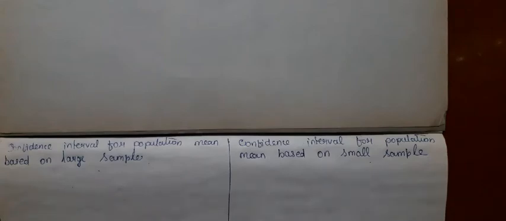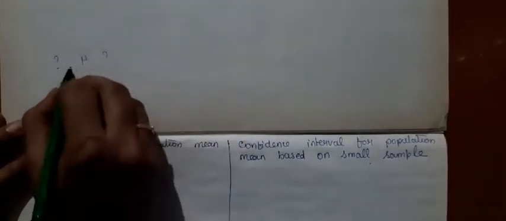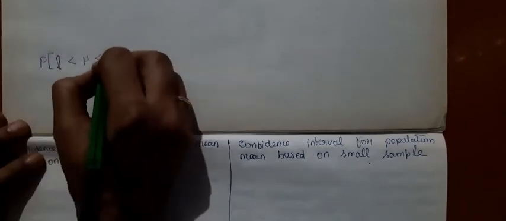Students, in this video we are going to derive the confidence interval for population mean based on large sample and small sample. The problem is to find the lower limit and the upper limit for this population mean mu in such a way that the probability that mu lies between the lower limit and upper limit is 1 minus alpha.